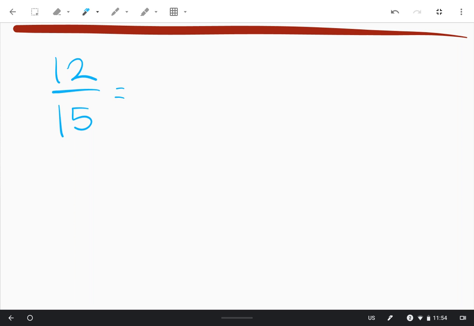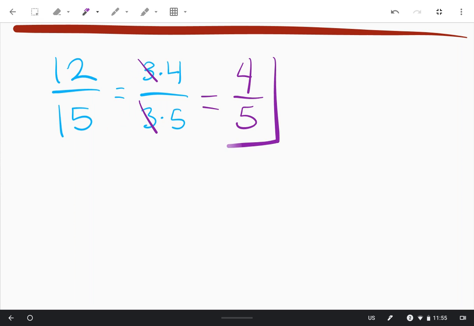So I want to rewrite these as a factor of two numbers. Let's rewrite 12 as 3 times 4, and 15 as 3 times 5. Once we do that, the 3's cancel each other out, and that is what we're looking to do when we're reducing or simplifying that rational expression. That would be an example like the first problem in your lesson.